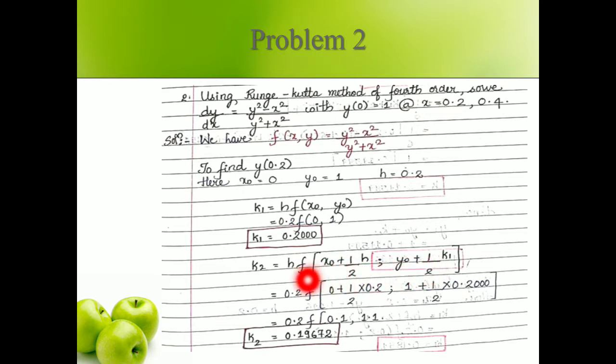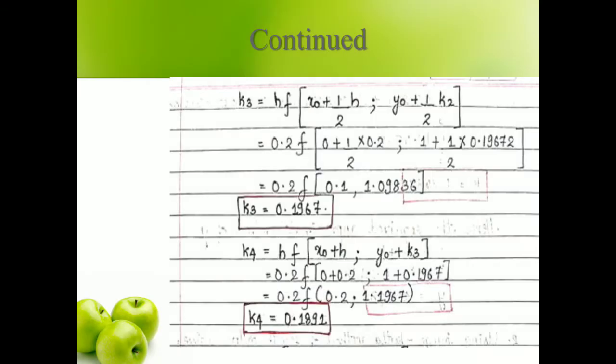So substituting the values of x naught, h, y naught and k1 in the y dash value, multiplying by the h value, we get k2 value to be 0.19672. k3 value is equal to h of f of x naught plus 1 divided by 2 of h, y naught plus half of k2.